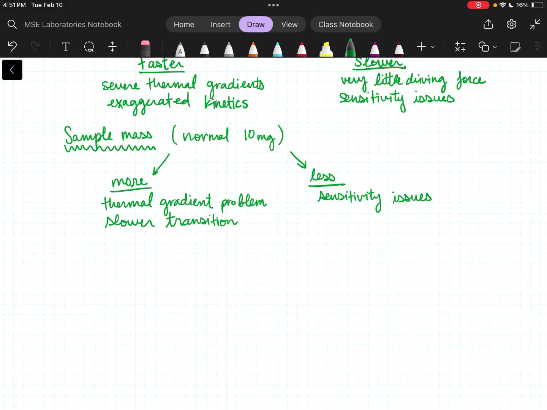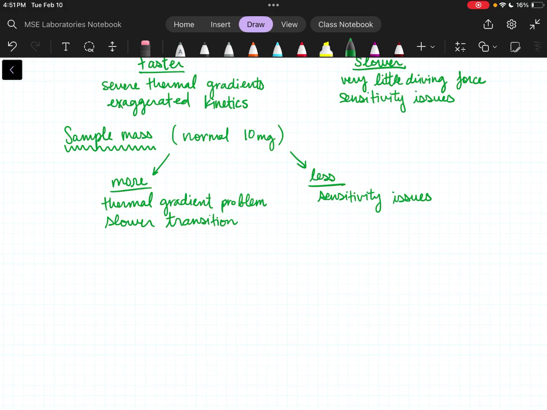So sensitivity issue there, as well as a little bit more fluctuation. The difference between 1 and 2 milligrams is a really big percentage. That's a 100% increase. Where the difference between 10 milligrams and 11 milligrams is not a 100% increase, that's a 10% increase, sorry. I know how to math.